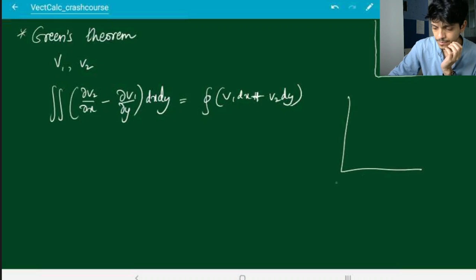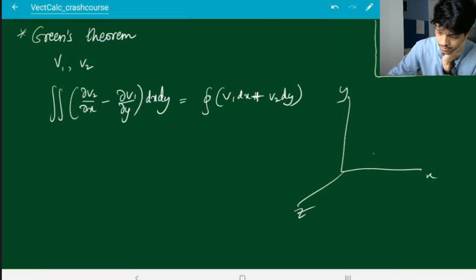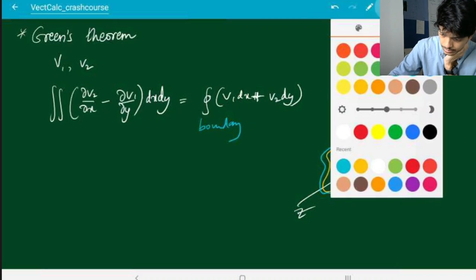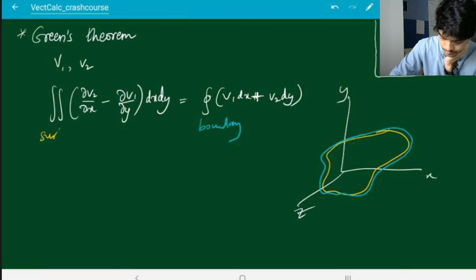Again, you have a surface and then you have its boundary. So this is on the boundary and this is on the surface.